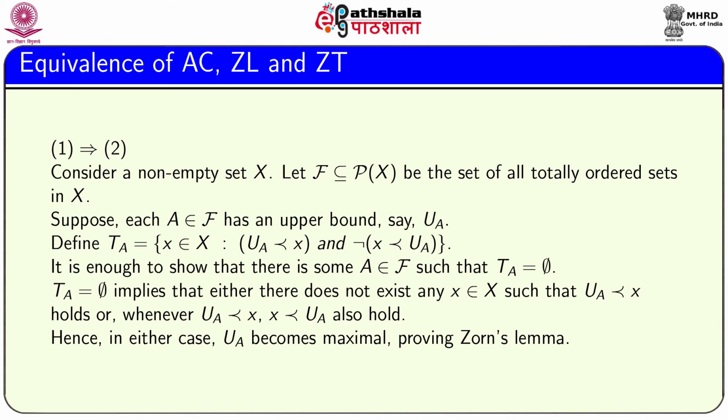T A equal to the empty set implies that either there does not exist any x belonging to capital X such that U A precedes x, or whenever U A precedes x, x also precedes U A. Hence, in either case U A becomes maximal, proving Zorn's lemma.